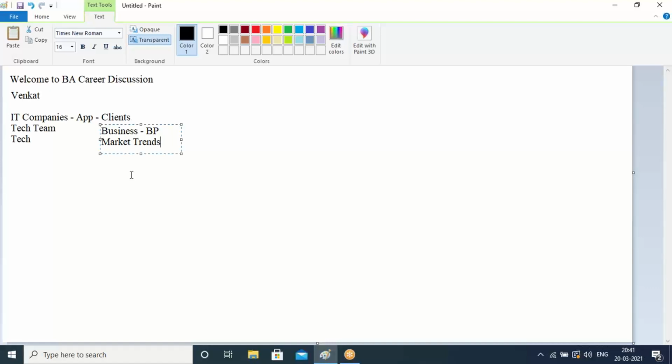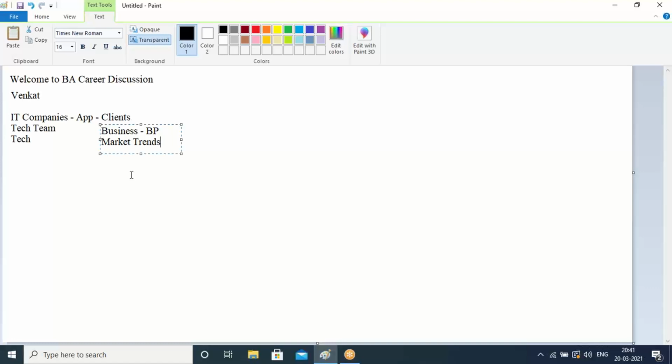Mobile banking, internet banking, ATMs, debit cards, credit cards, all these are IT applications. So the latest market trends are mostly IT applications. This is not only for banking. You take any vertical, most of the time the latest market trends would be IT applications. So the client requires IT applications to stay in the market.